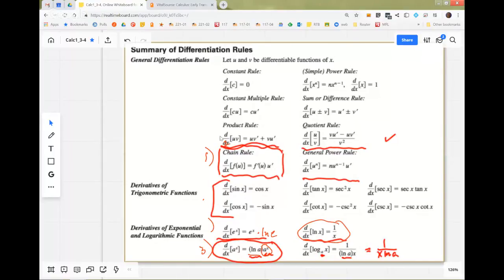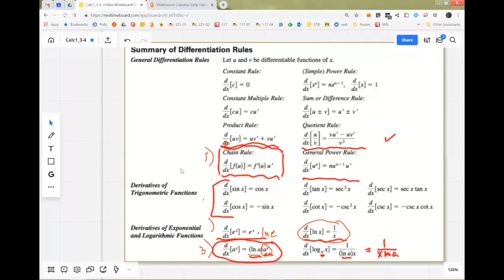And then we're still on it, but we're doing the chain rule. The chain rule gave us the general power rule. All that is the power rule with the chain rule. We've learned some trig. We actually only learned the first two. The derivative of the sine is the cosine, and the derivative of the cosine is minus the sine. And these other 4, remember, we developed using what? The quotient rule.